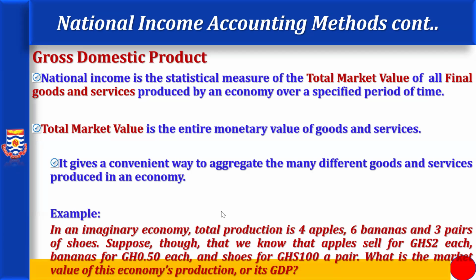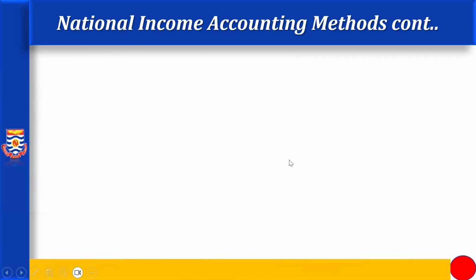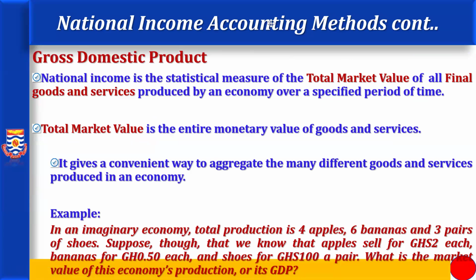We use the words final goods and services because we want to actually avoid the problem of double counting, right? That's why we use the phrase final goods and services. All right. So let me give an example.